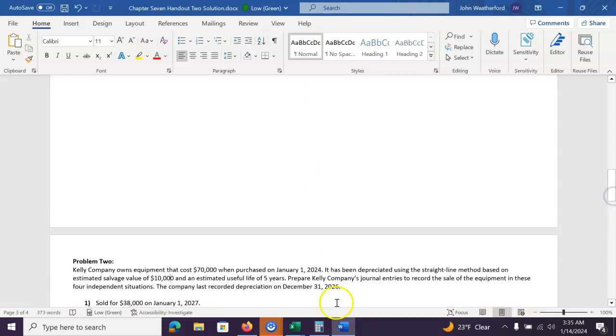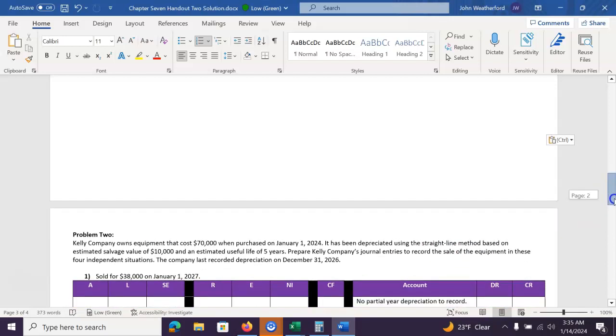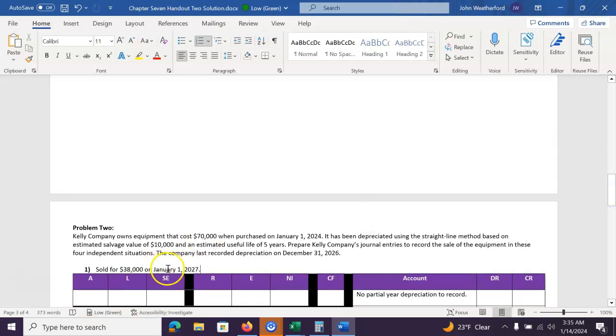So what happens here if we sold this equipment for $38,000? Well, to take it off the books, we would debit accumulated depreciation. First off, since it was sold on January 1, 2027, there's no partial year depreciation to record. You're going to have some coming up, but we can skip that part for here. So let's go into our entry.